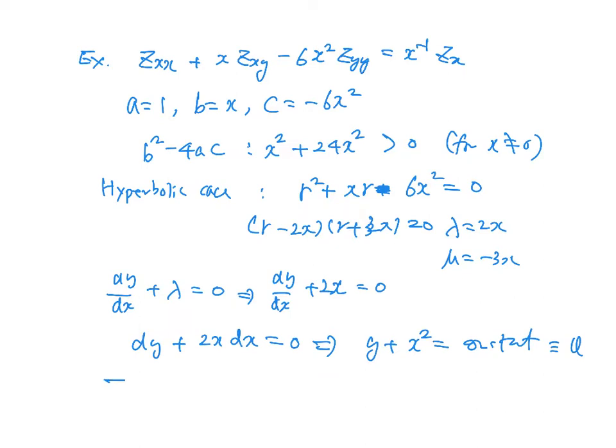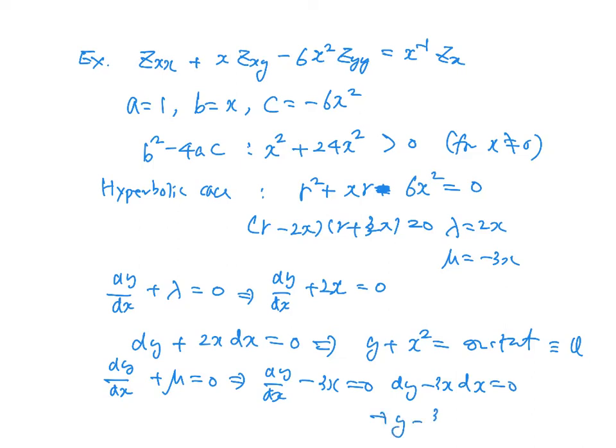Another solution is dx over dy plus mu is equal to 0. That is dx over dy minus 3x is equal to 0, dy minus 3x dx is equal to 0. If we integrate this, we get y minus 3x squared over 2 is constant.